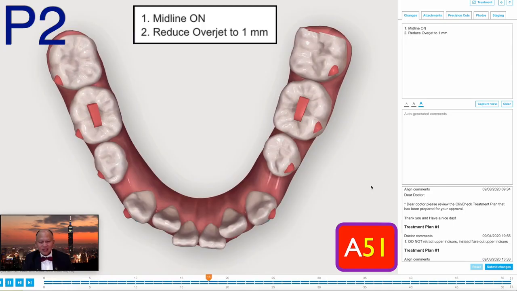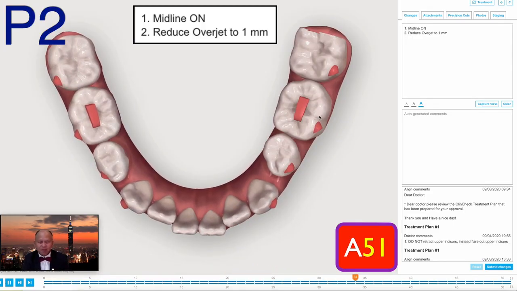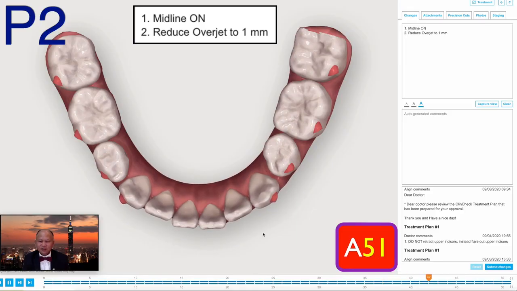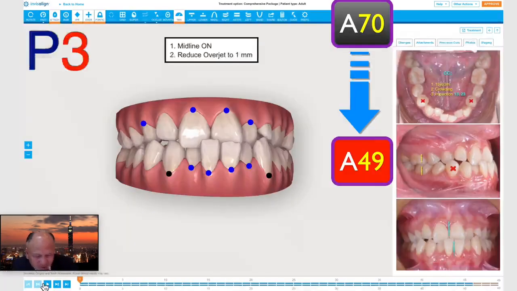And in this case, we also have the occlusal attachment built up like this to correct the anterior crossbite. That occlusal attachment instruction, you cannot give before the ClinCheck. You can only give it after plan 1 or plan 2, when you know which period they correct the anterior crossbite.